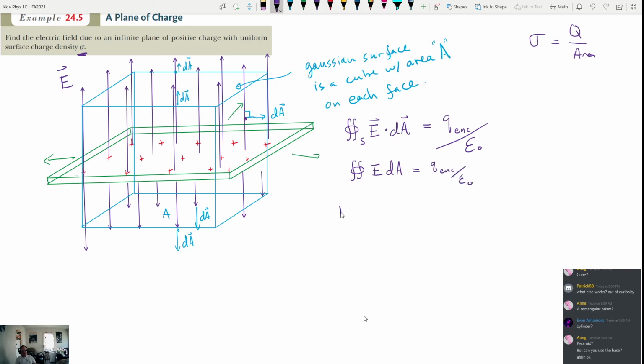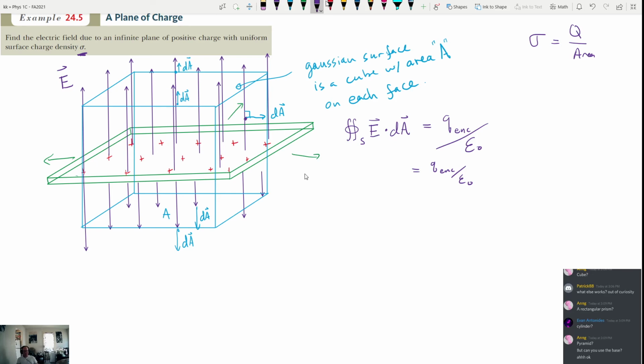Again, we can pull the electric field out here because we're pretty sure that the electric field should be the same all along the top surface and the bottom surface. So we can pull that out. Oh, I have to do one other thing. I realized I skipped a step that I shouldn't skip. Sorry. There are 6 total faces of a cube, right?